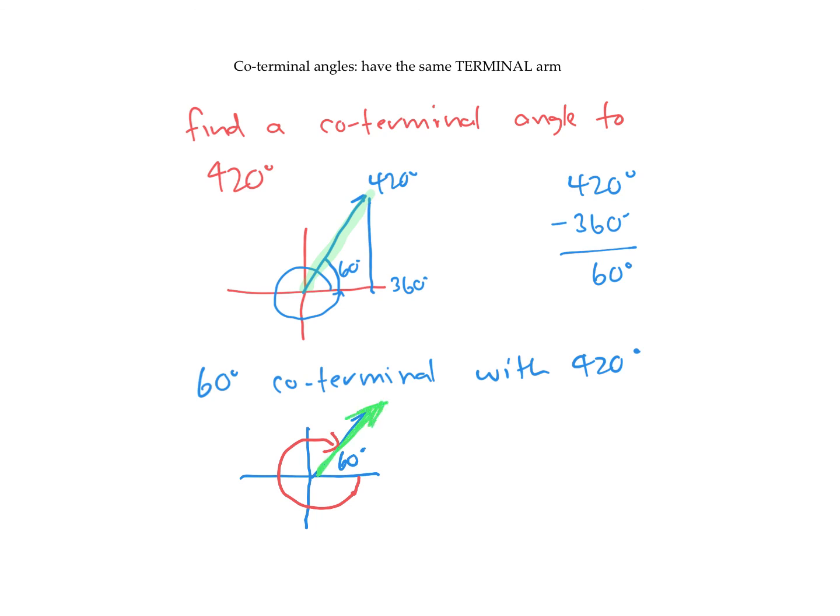Well, that would be 360 degrees all the way around, not quite there at 60, so 300 degrees in the negative direction. So if I went negative 300, I would land in the same terminal spot as 60, going in the positive direction. And you can think of 60 and 300 adding up to 360, so we end up in the same spot. So that's what coterminal is.